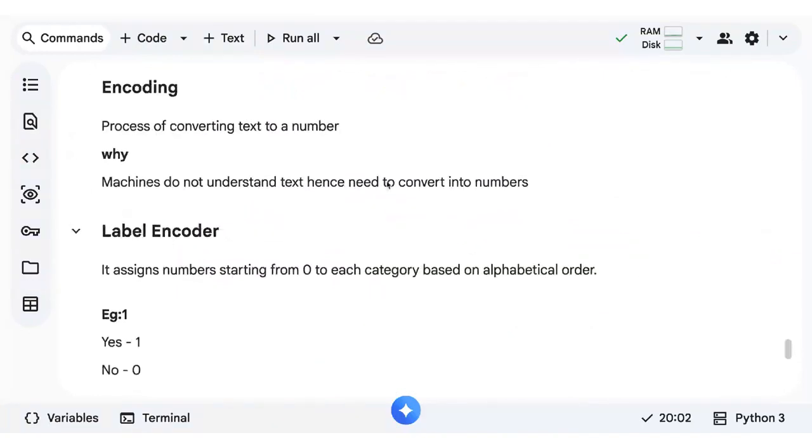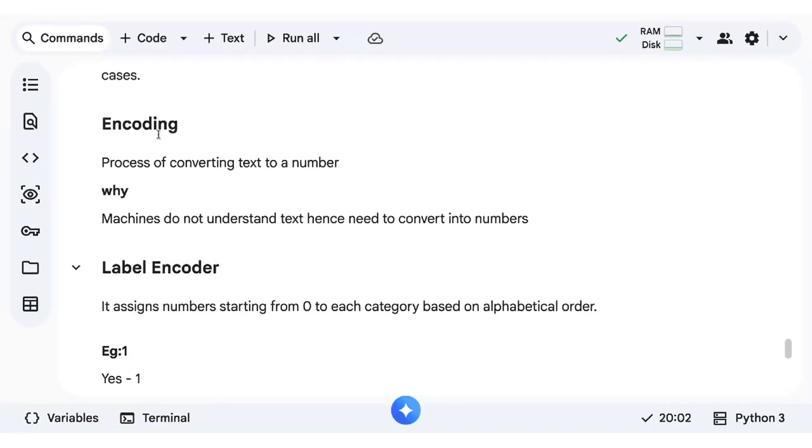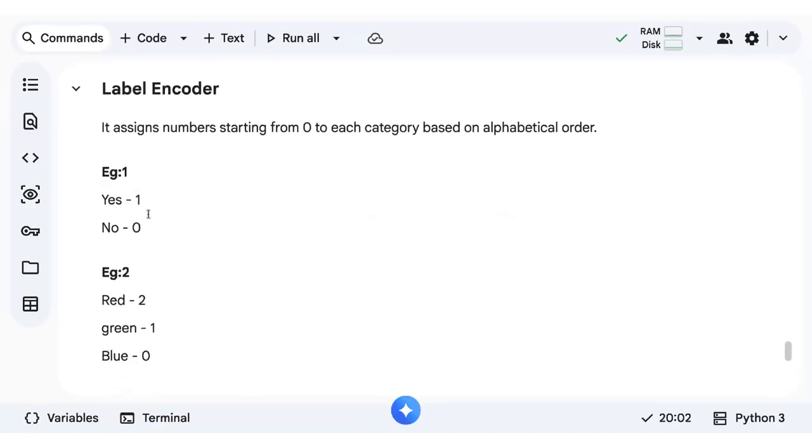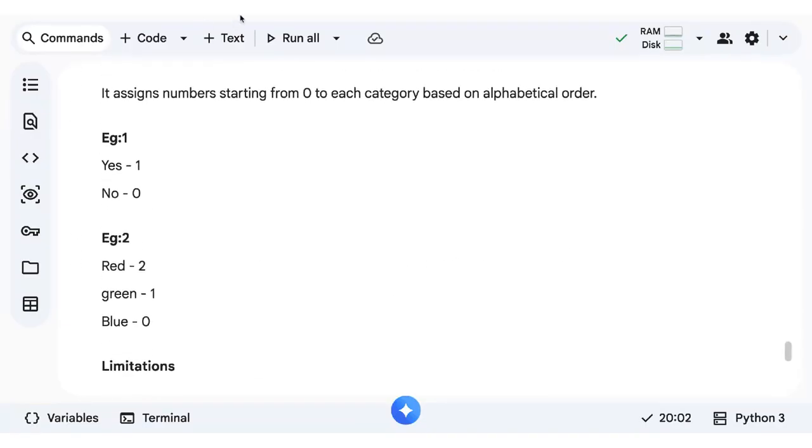The process of converting text to numbers. Because machines cannot understand text data, it should be converted into a number format. For that, we have different methods. The first method is the label encoder. It assigns values starting from zero, according to alphabetical order.